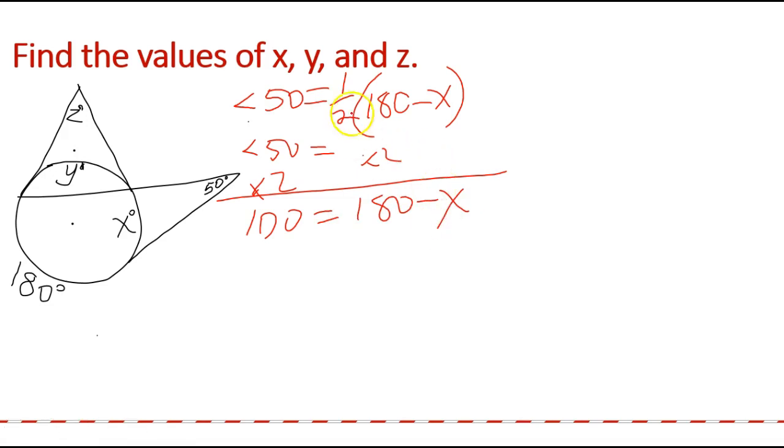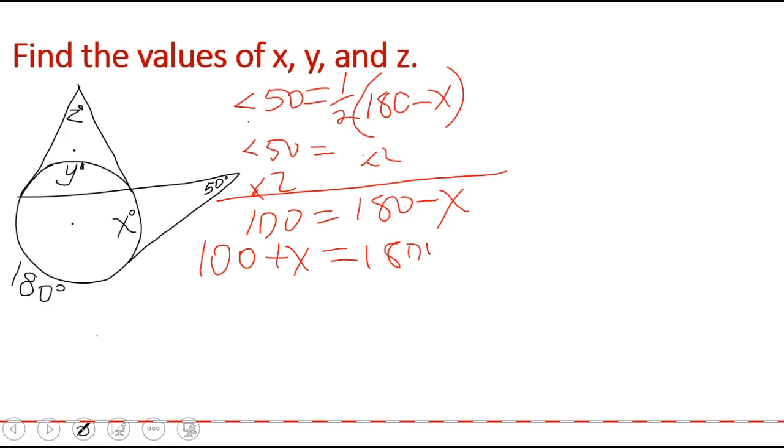Instead of distributing the 1/2 and getting a fraction of x, it's easier to just multiply by 2 and get rid of that. Now, since x is negative here, you can subtract 180 and then divide by negative 1, but you can as well add x to both sides, and that will give us a positive x.